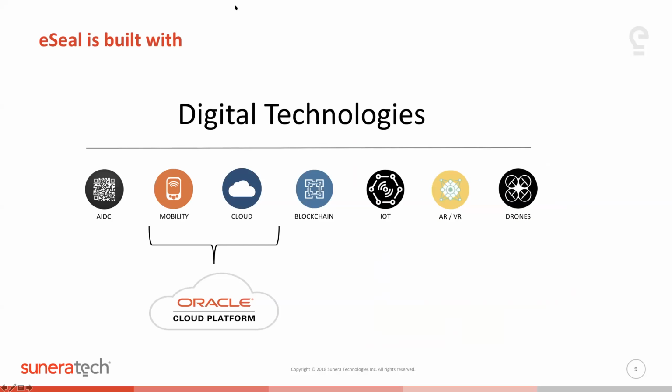Sure. So eSeal as a solution is essentially built on top of digital technology. We employ a number of digital technologies such as AIDC, or advanced barcode solutions, and mobility. A number of applications in the supply chain deal with mobile apps.